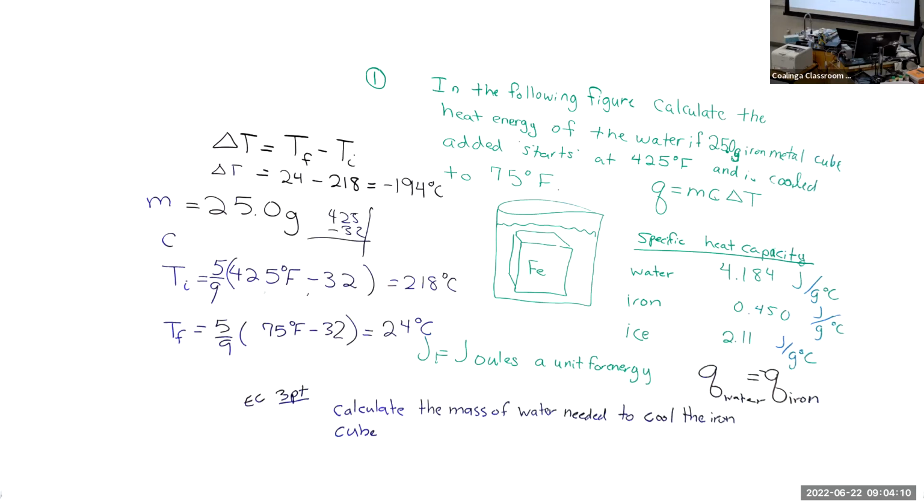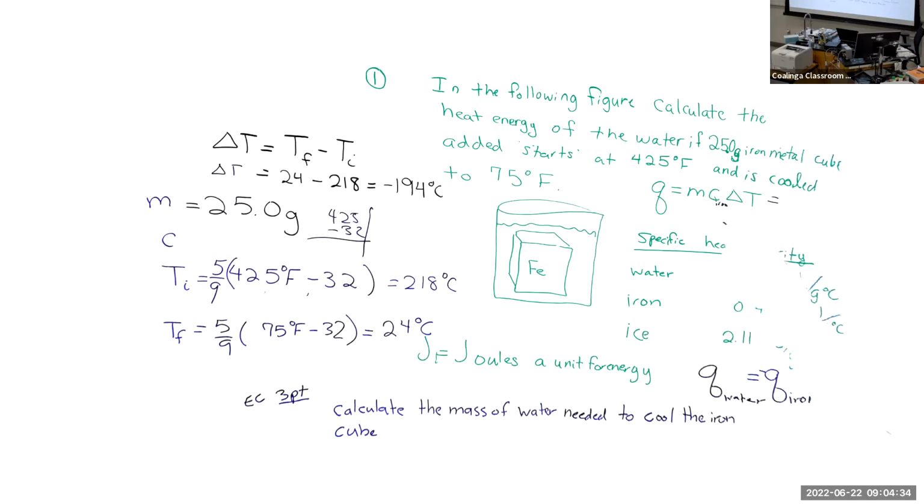Remember, heat's always transferred, right? Energy is transferred, and it always has to be accounted for. So if I solve for Q of the iron, I can get the Q of the water.